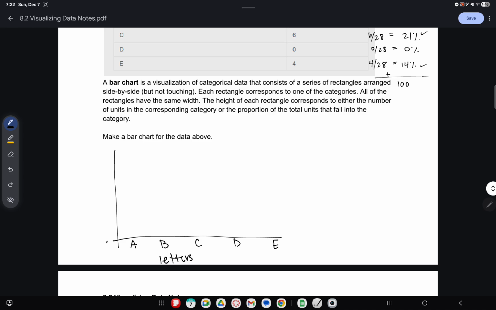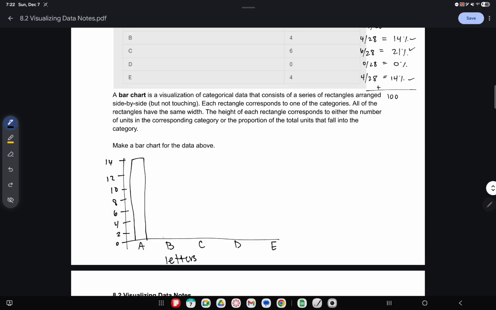The smallest amount was 0, which is where the graph usually starts. And then the highest number was 14, and I'm just going to count by 2s. So 2, 4, 6, 8, 10, 12, 14. So A had 14.